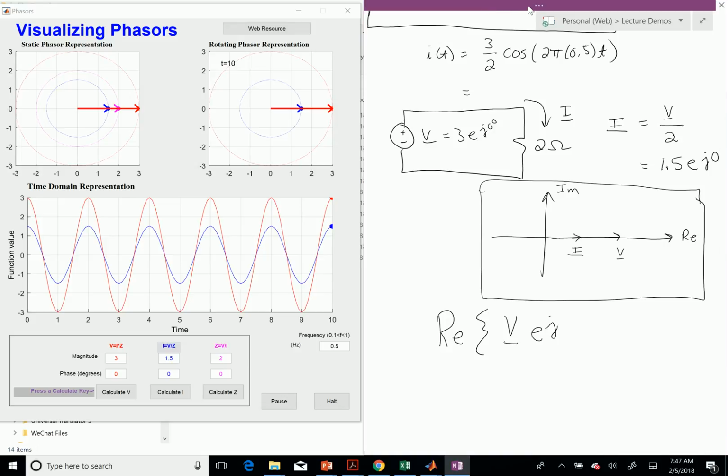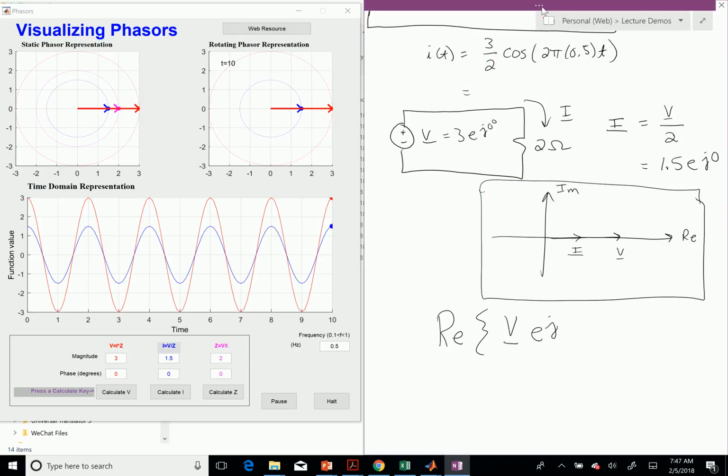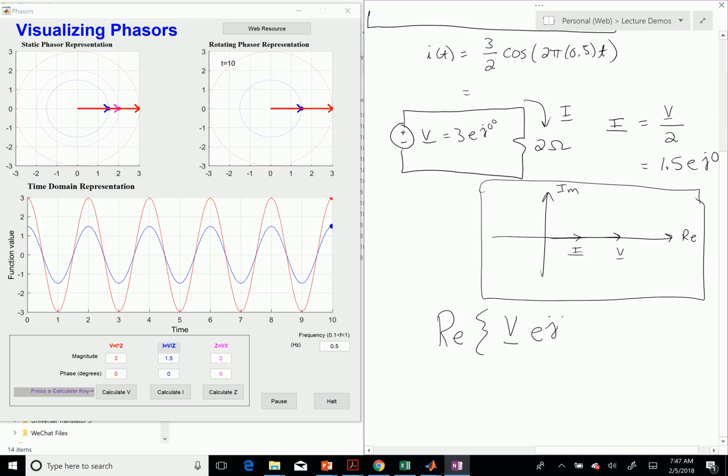E to the j omega t, with v equal to 3 e to the j 0 degrees, and omega equal to 2 pi times 0.5, like that, okay?